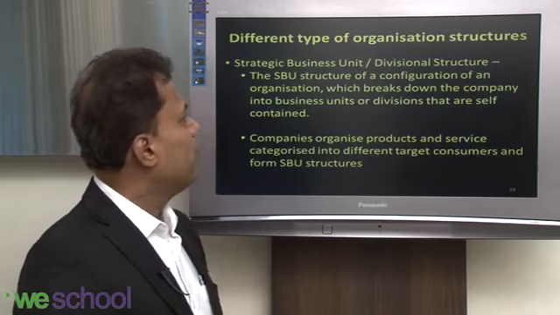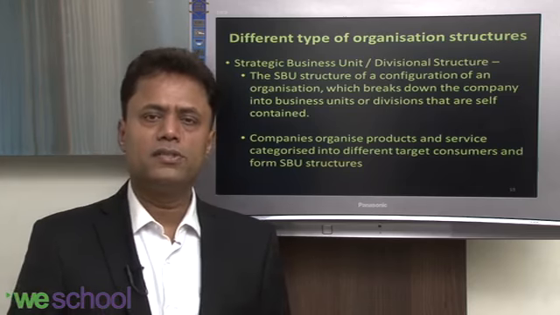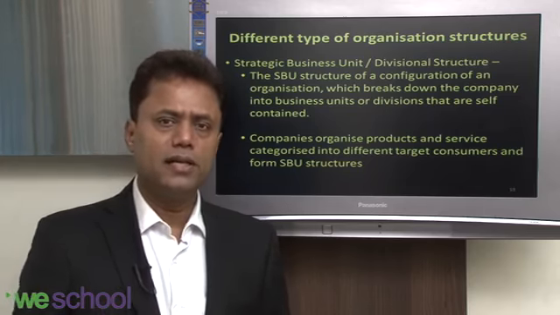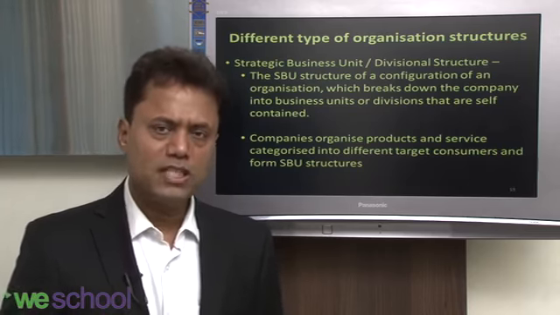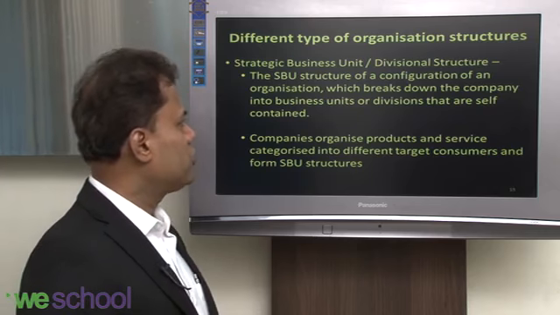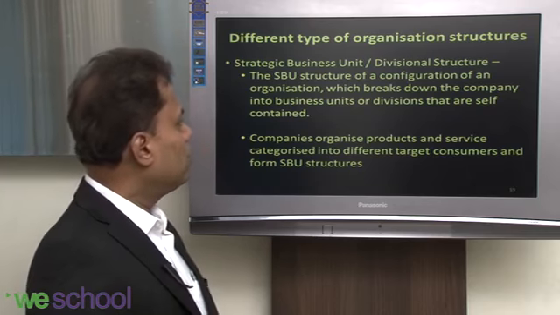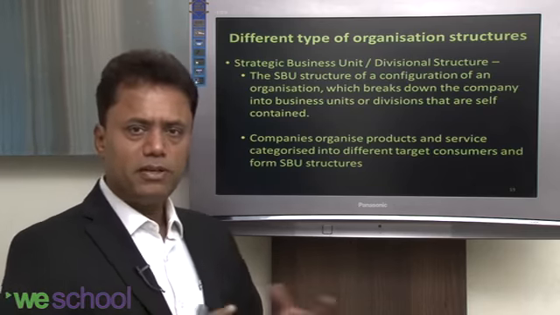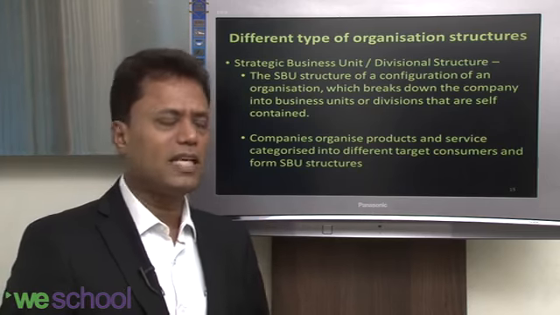Now let's talk about BU level and divisional level. These two are the current scenarios where most organizations follow business unit structure and division structure. In the strategic business unit structure, the organization is broken down into different business units. Different business units serve different business lines, different products and different market segments.